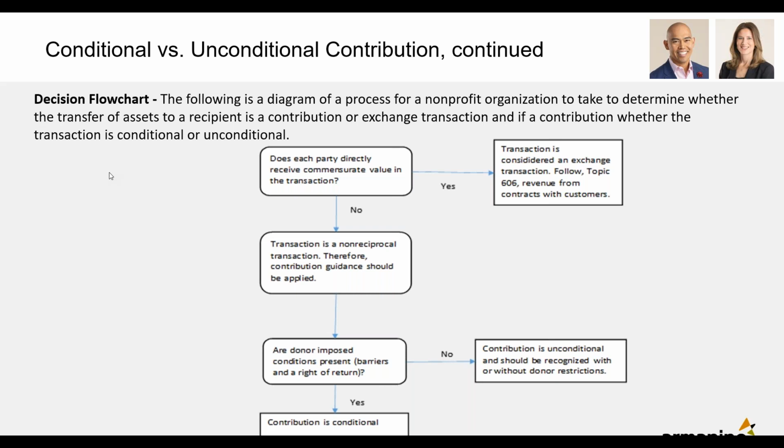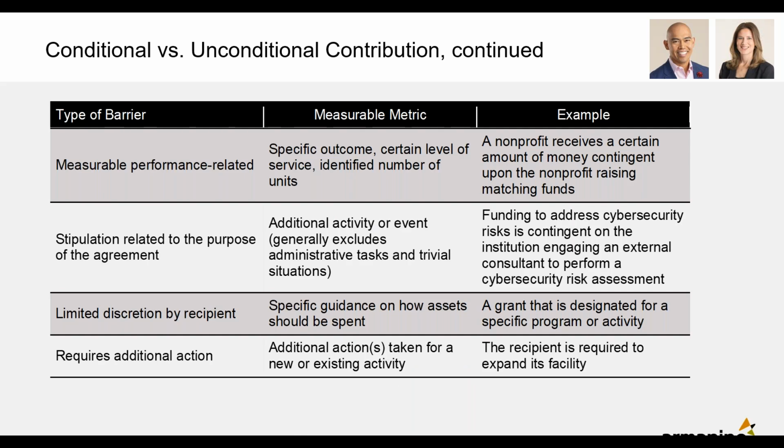I would say in that situation, and let me just go back to this slide here, if the nonprofit believes that it has discretion, there's not going to be any specific activity or purpose or performance related obligation that they're going to have to satisfy, then yes, I think they can safely assume that there are no indicators of barriers that exist.